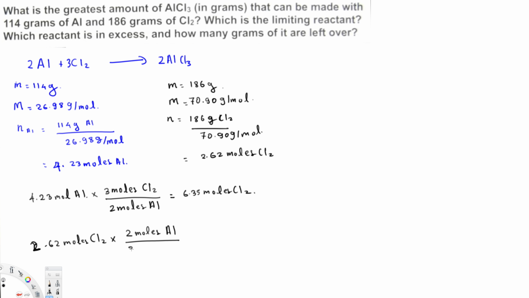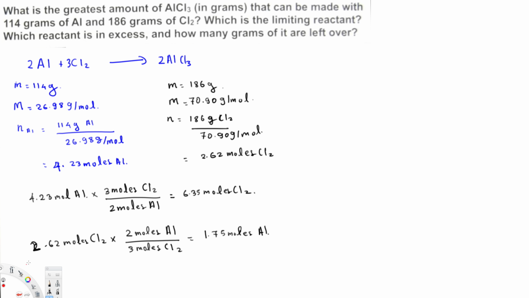So here we have 3 moles of Cl2, and that will give you the aluminium required to finish the Cl2. And if you calculate this one, this will give you 1.75 moles of aluminium, right?